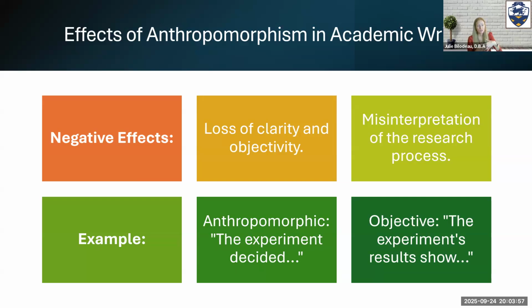Misrepresentation depends on how you're using it, but take the experiment decided. Well, experiments don't decide anything. The people conducting the experiments are the ones making decisions. The experiment's results show, okay, that's better.